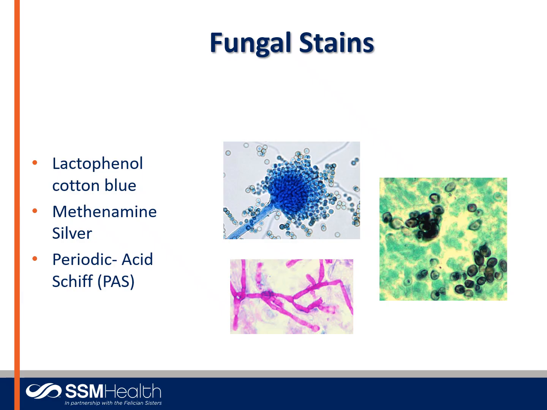I would say that is used less frequently. Typically, you're going to see the MSS stain in the histology lab, and then the lactophenol cotton blue to stain your fungal structures once they've grown, and then the calcofluor white to do direct specimen staining.